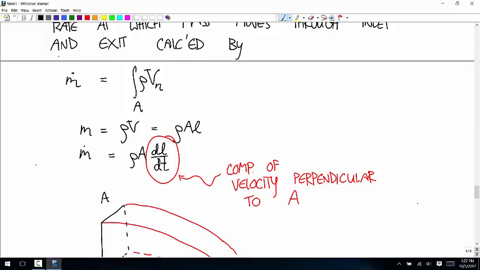That's the part of the velocity that's perpendicular to that plane, integrated over the area.